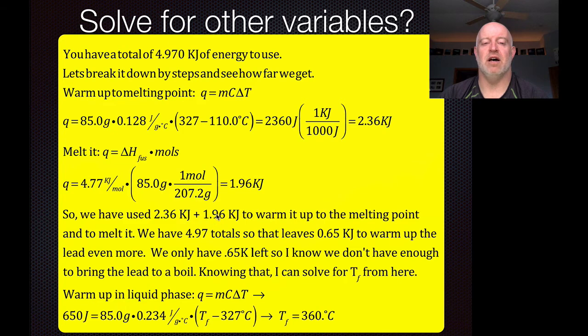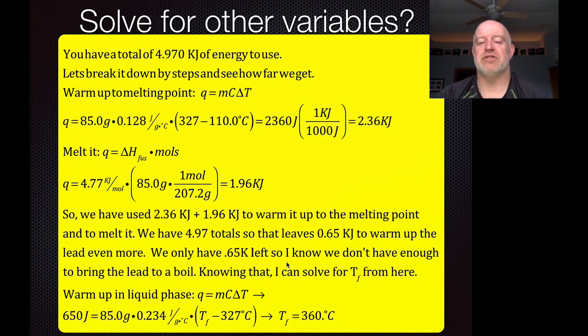These two numbers added up are less than 4.970 kilojoules. So this plus this gives us something a little less than that. Now, if I subtract them, 4.97 minus these two numbers, we have 0.65 kilojoules left, all right? So now I have it in a liquid phase, and I have 0.65 kilojoules left.